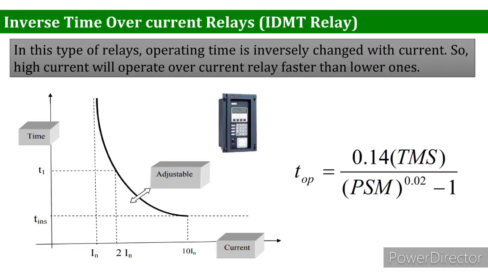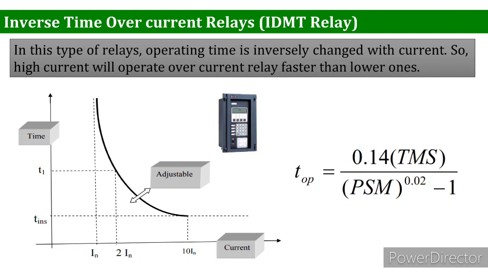The third one is the inverse definite time minimum time overcurrent relay. This is possibly the most widely used characteristic in overcurrent relays. The characteristic is inverse in the initial part, which tends to a definite minimum operating time as the current becomes very high.